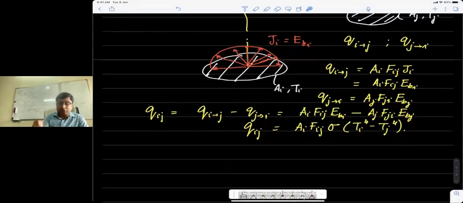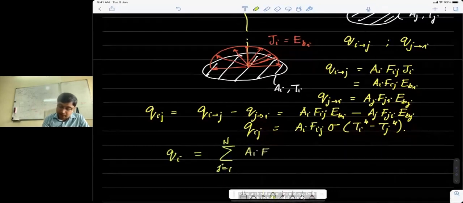Now this was surface I to j. If I had an enclosure with N surfaces, it is easy to see that the total amount of radiant energy exchanged by surface I in an N surface enclosure would just be the summation of j going from 1 to N of Ai Fij sigma Ti^4 minus Tj^4.